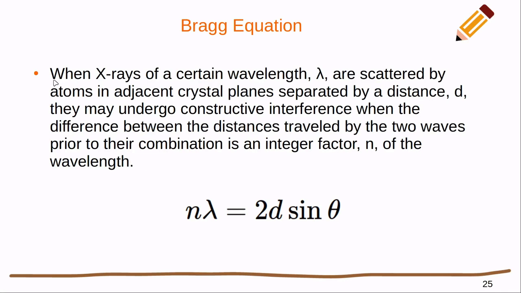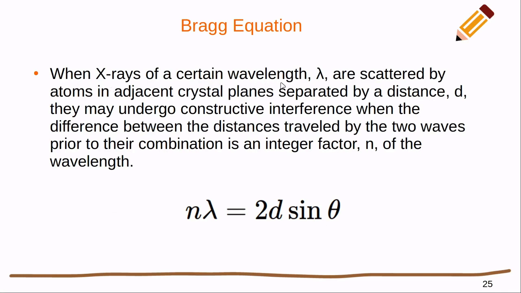We can apply this to crystals using something called the Bragg equation. You are going to see some problems using this equation. It's not terribly difficult. It's just another one where we need to pay attention to our units and plug in our values.